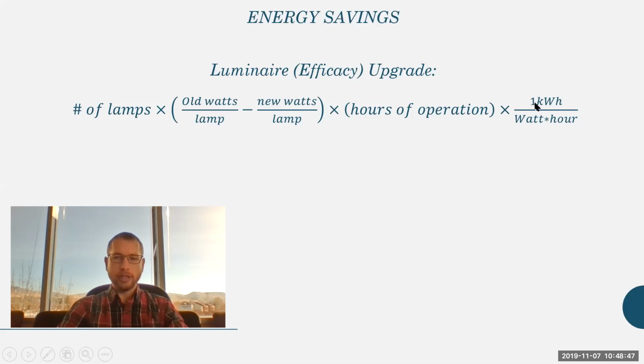Convert that to kilowatt hours, 1 kilowatt hour per 1,000 watt hours. I need to add that 1,000 down there. But then you get kilowatt hours of energy. And you can multiply that by a simple utility rate in dollars per kilowatt hour, and get a general ballpark of how much this might save.